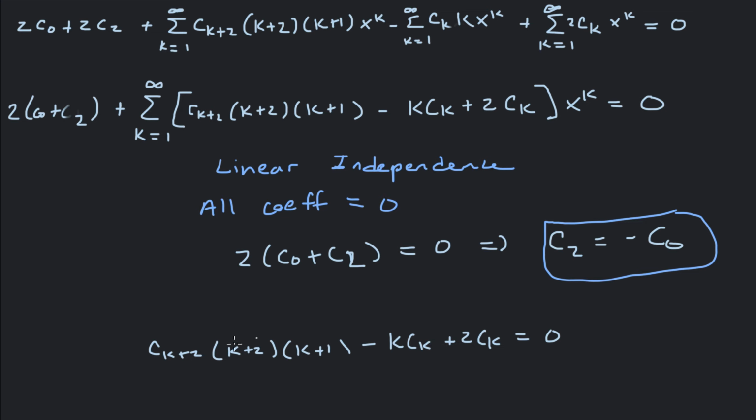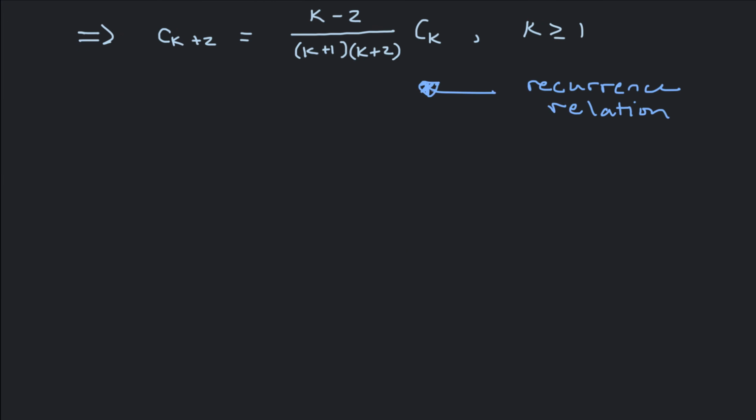So k is less than k plus 2, so we solve for the larger coefficient index. In this case, Ck plus 2, we're going to solve for that term. So once we solve for that term, we will have what we call the recurrence relation. All right, so we've solved for Ck plus 2, and we've found our recurrence relation.